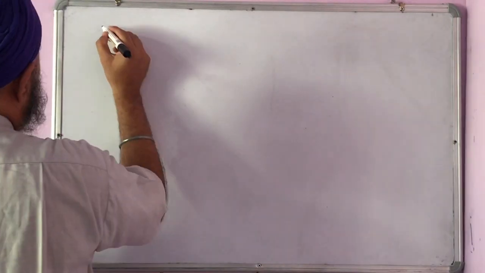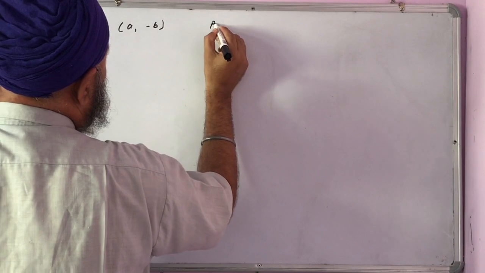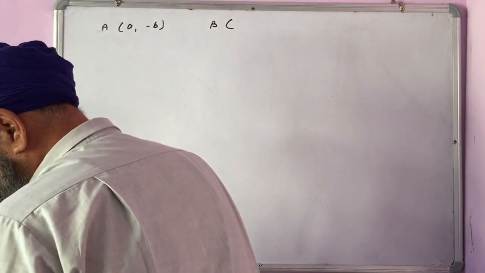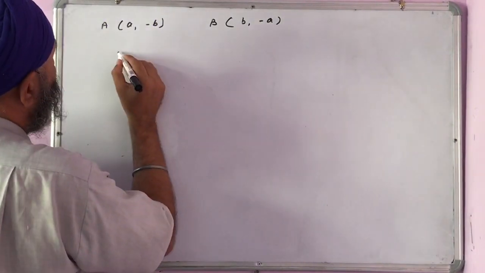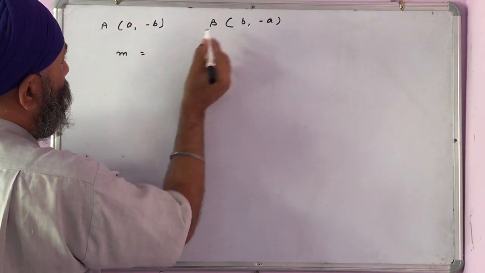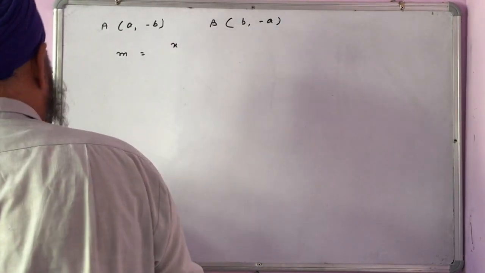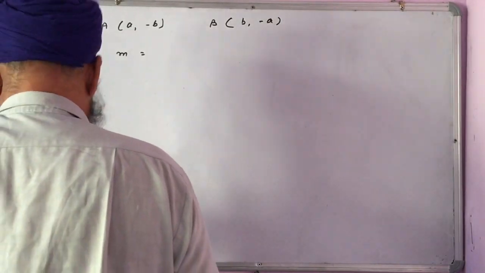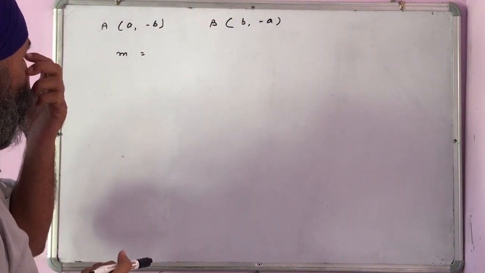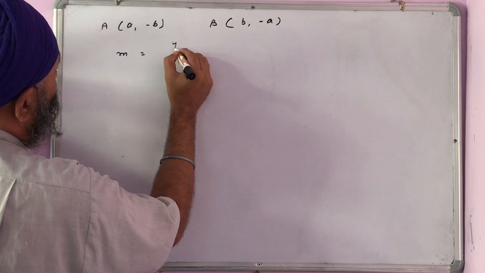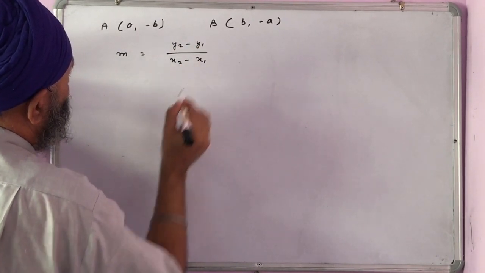Point A is, I take A minus B. Point B is B minus A. What will be the slope? The formula for slope when 2 points are given is y2 minus y1 upon x2 minus x1.